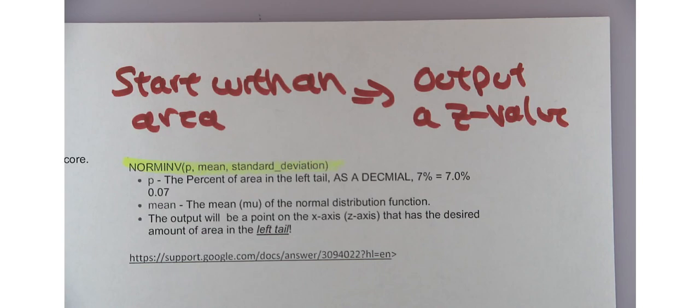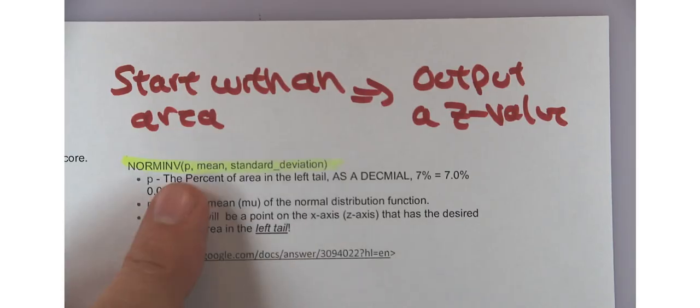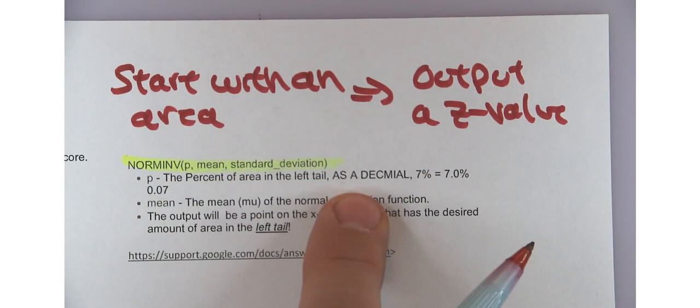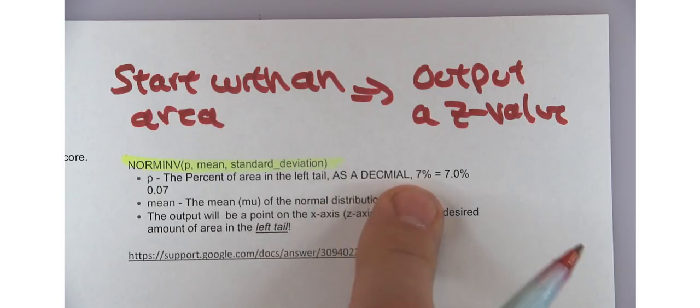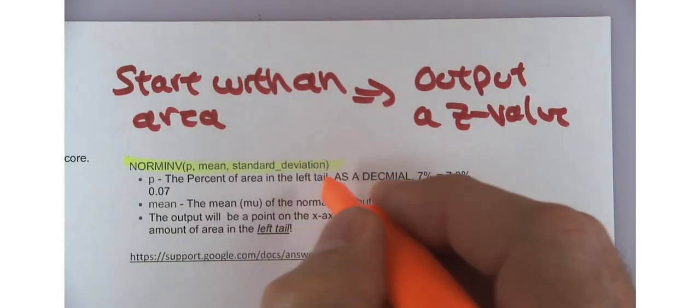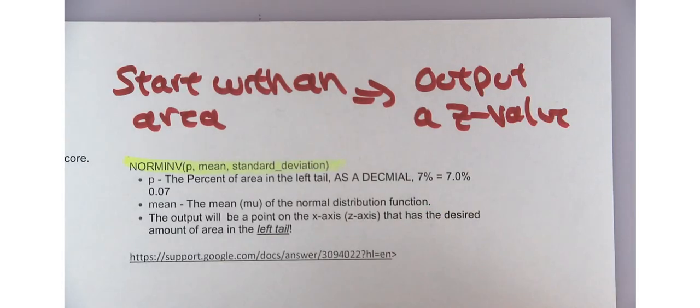So you're going to have some percentage, as a decimal. That's going to be your P. That's going to be the area. So that's the first part here. P is the area in the left tail.